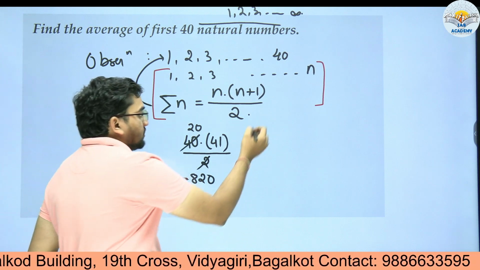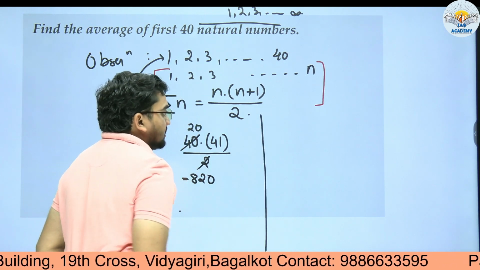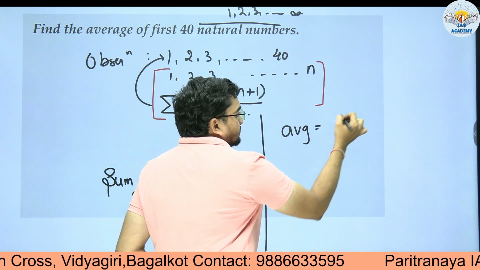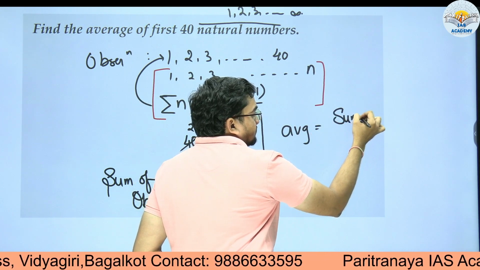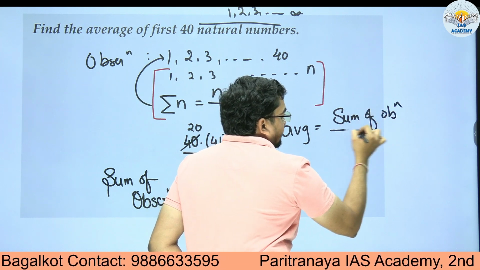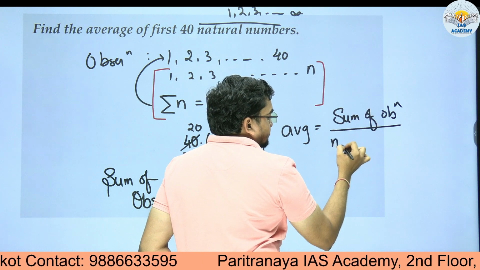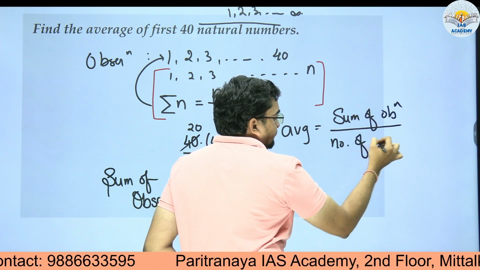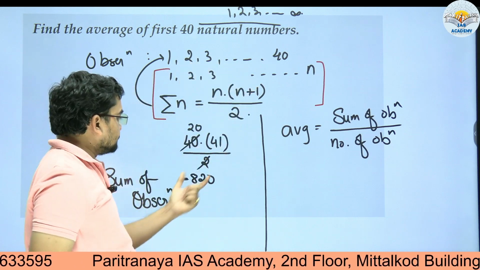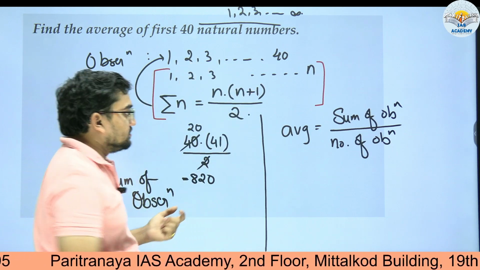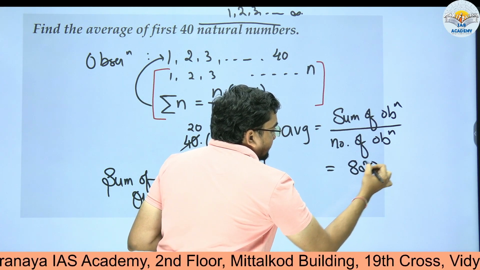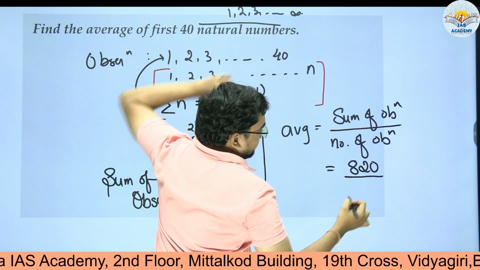At the same time, what is average? Average is the sum of observations divided by the number of observations. We already know the sum of observations is 820. What is the number of observations? 40 itself.